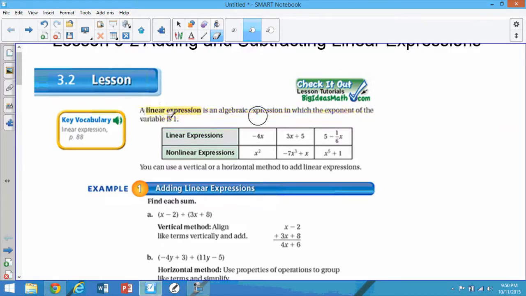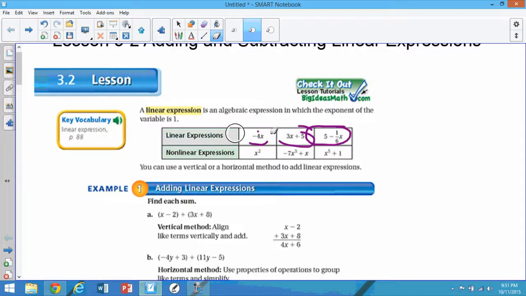In this situation, a linear expression would be when a coefficient is multiplied with a variable and the variable has no exponent, okay?